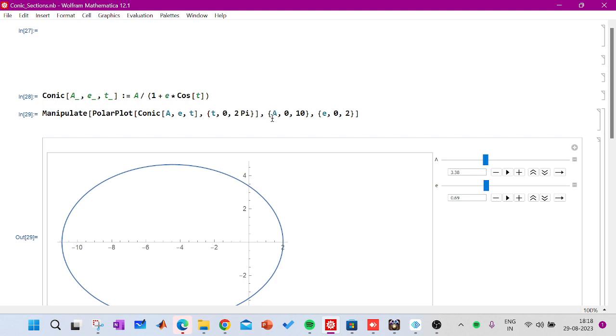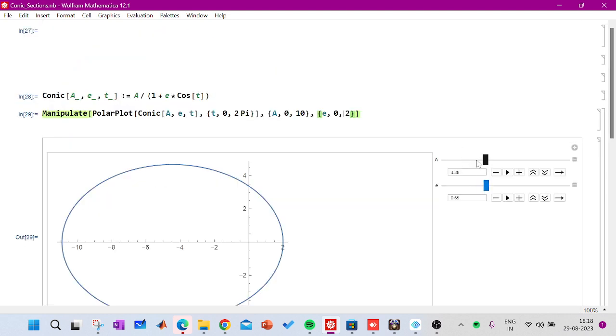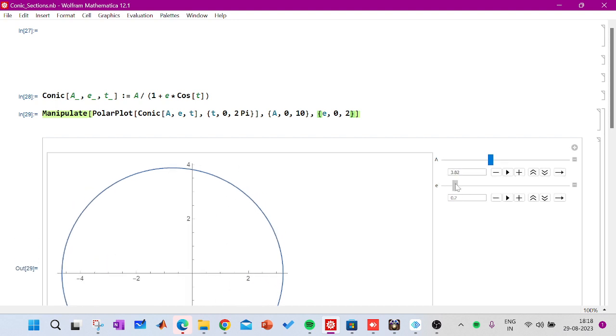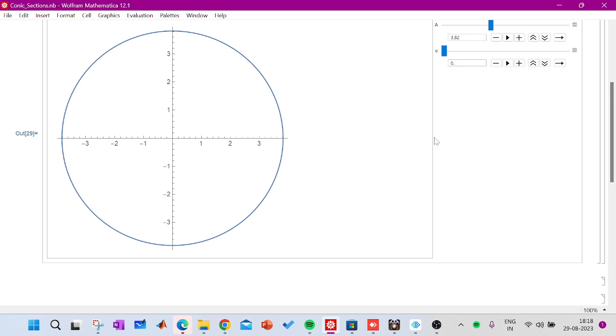And then I'm telling the program to have a between 0 and 10 and e between 0 and 2. So that gives me two handles for a and e. So let's keep a to be something. Okay. And e, let's start from 0. So for 0 we have a circle.